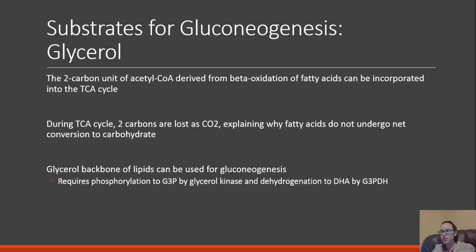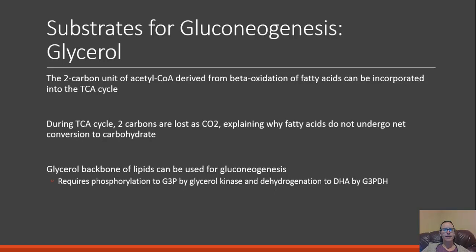We can also utilize glycerol for gluconeogenesis. The 2-carbon unit of acetyl-CoA can be derived from beta oxidation of fatty acids, and that can be incorporated into the TCA cycle. However, in the TCA cycle, 2 carbons are lost as CO2.